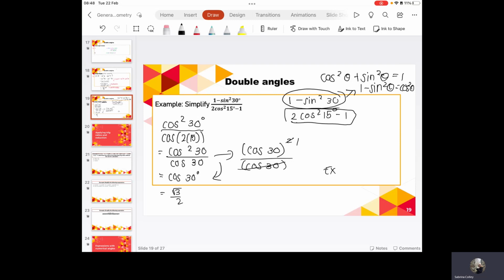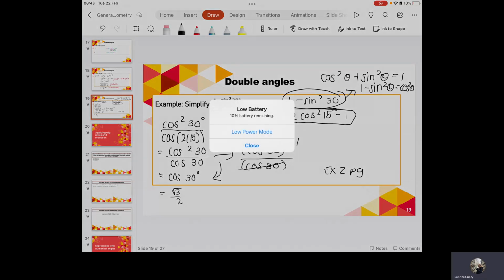Okay, so for double angles, what I want you guys to do is exercise 2, page 147.